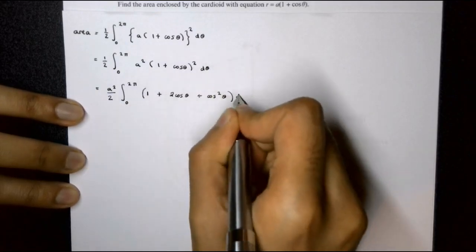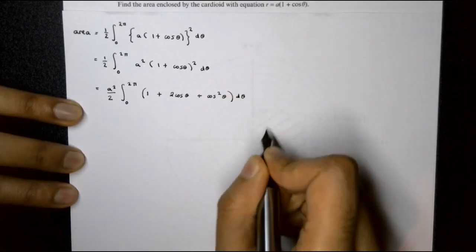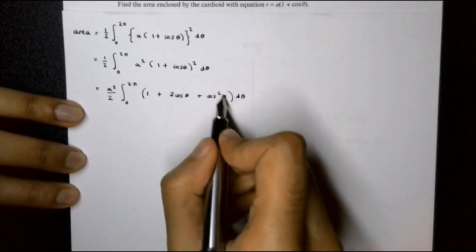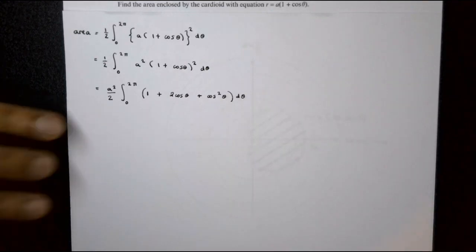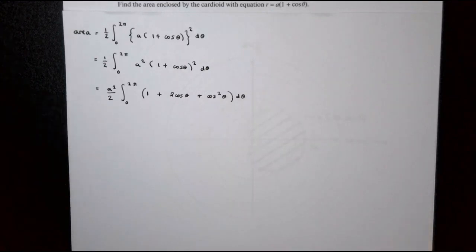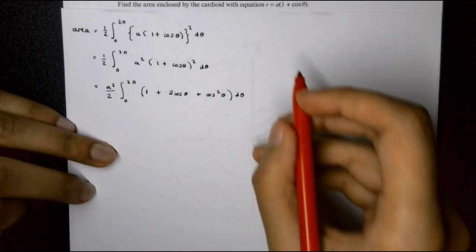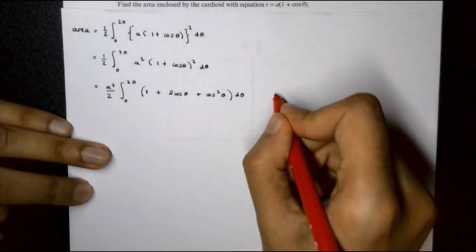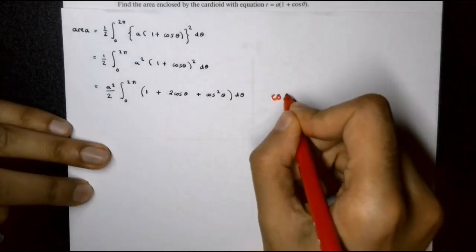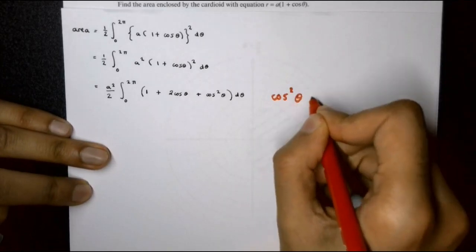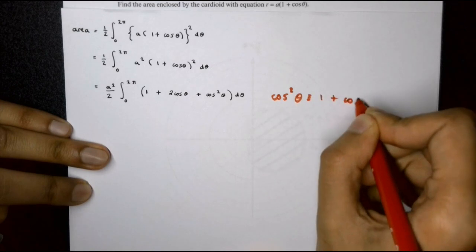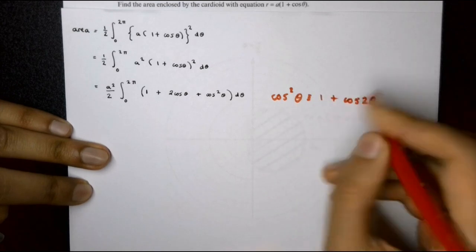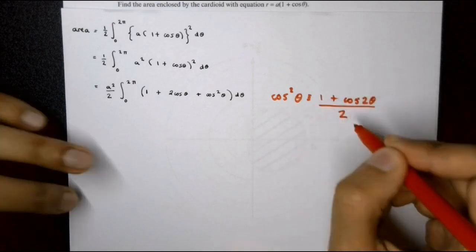So we will be integrating this with respect to theta, and we've got over here a cos squared theta, and you may know from regular A-level maths, cos squared theta is equivalent to 1 plus cos 2 theta all over 2.